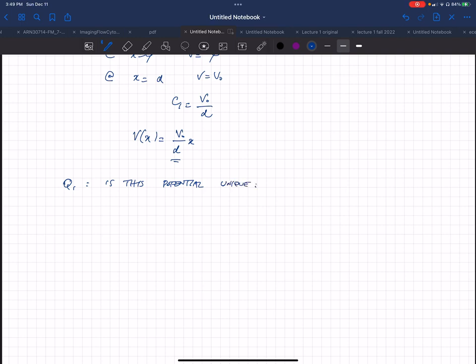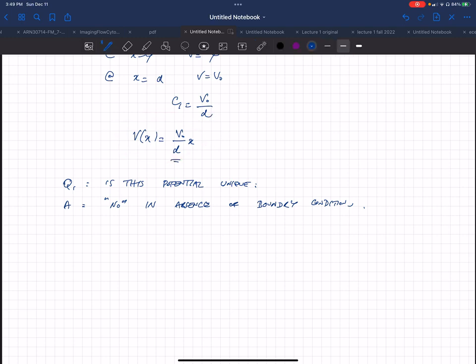And the answer is no, in absence of boundary conditions. We could have come up with other solutions where the double derivative is zero.